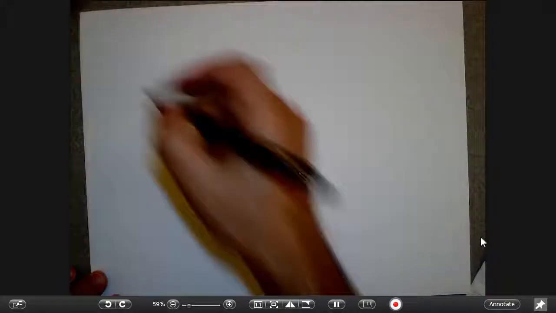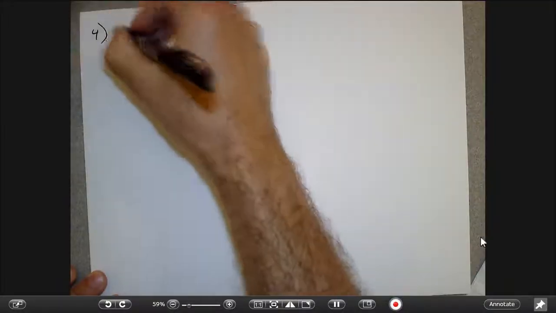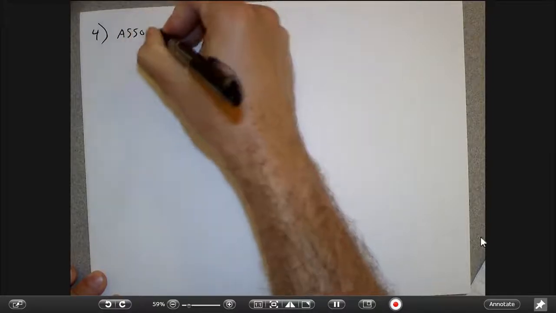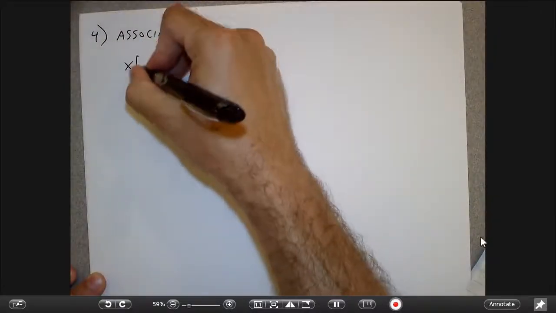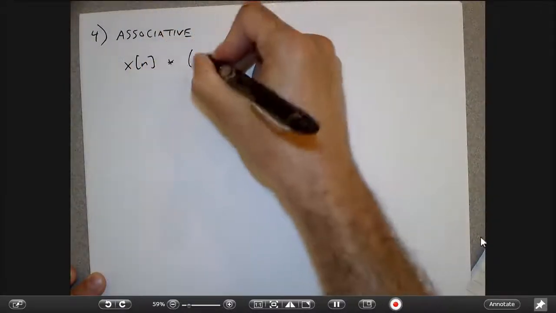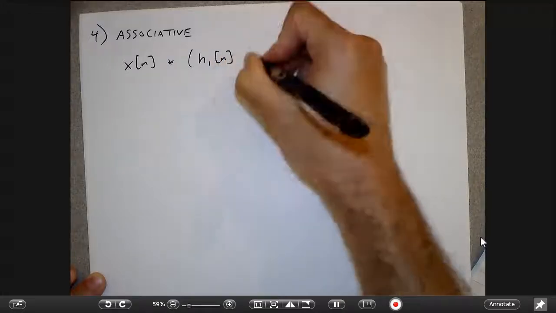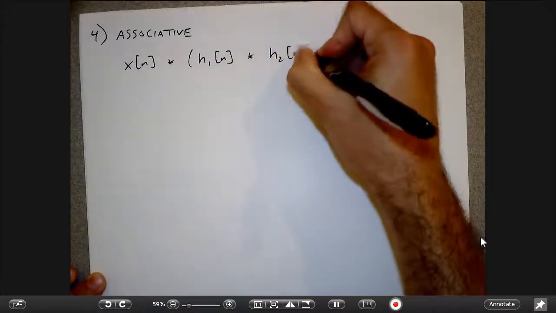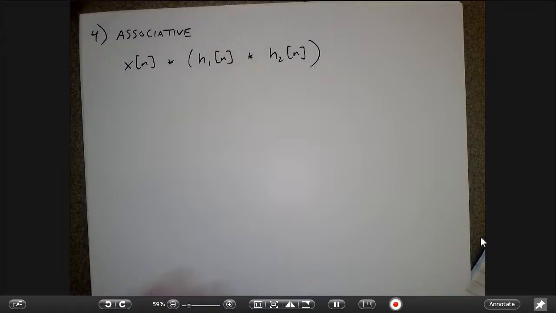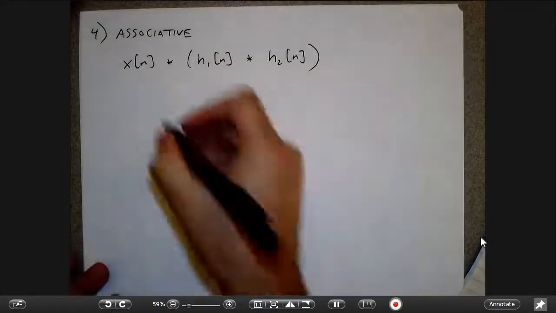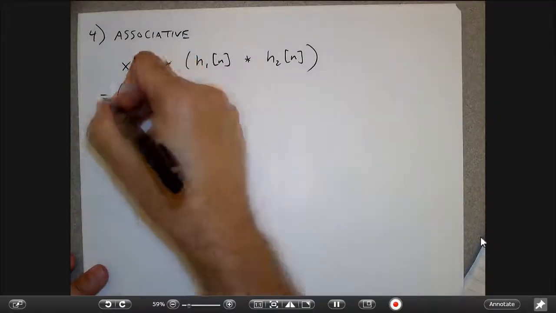Next one is the associative property. I forget whether I'm numbering these. Okay. This basically says that if I have something like this, that I can put the parentheses wherever I want.